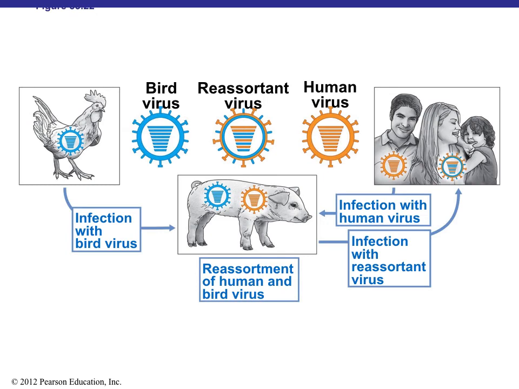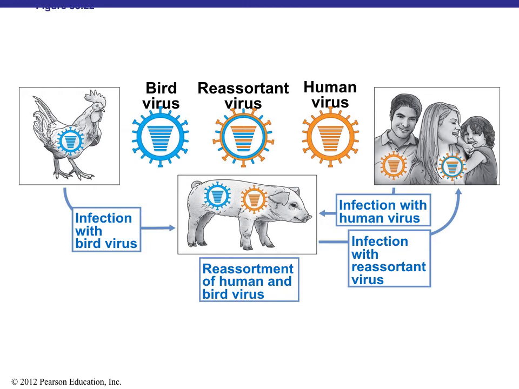So just to show how this antigenic shift can work, in this case we have a reassortment process, a major change where you have two different types of viruses infecting the same host and the same cell in that host.